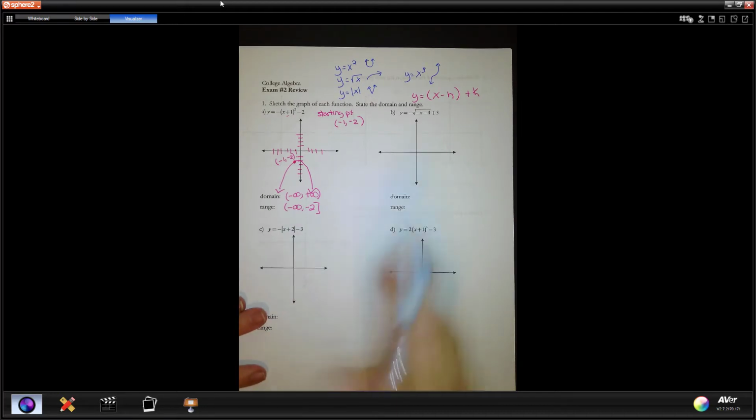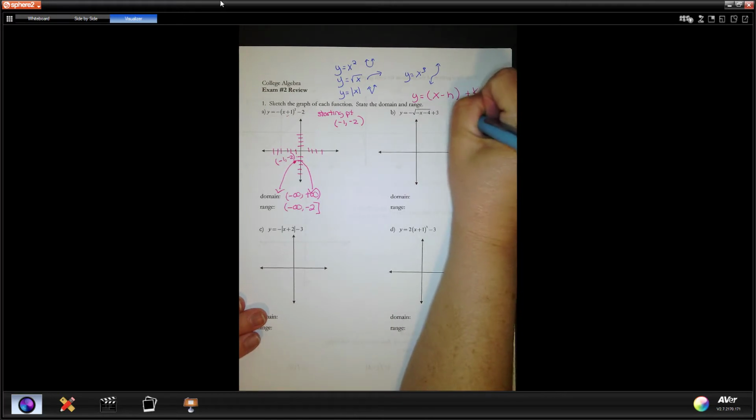If we look at letter B, this is going to give us a square root function: y equals the opposite square root of -x minus 4 plus 3. We still need to find that starting point.